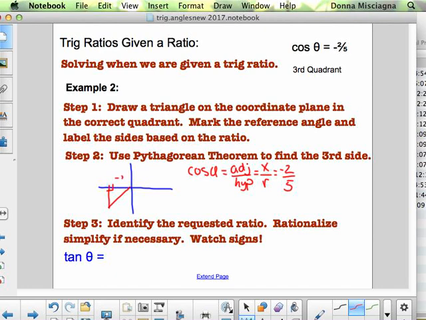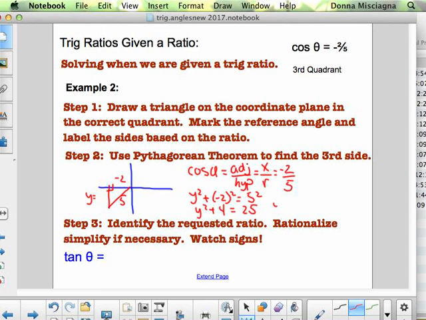So this is negative 2, this is 5, we're looking for the y, right? So that's the leg. So we have y squared plus negative 2 squared equals 5 squared. So that's going to be y squared plus 4 equals 25. Another one that doesn't simplify.